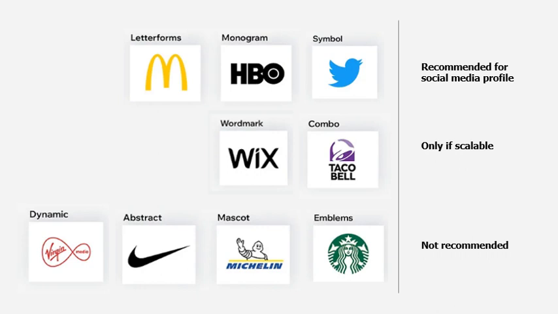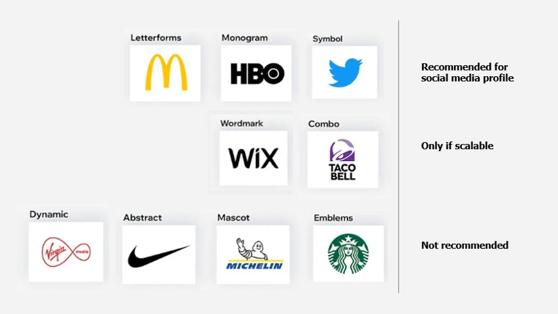For example, in the case of a monogram, it is just the initials of your campaign name, useful if your campaign name is too long. Now, a wordmark is also recommended, but only if your campaign name is quite short. If it's too long, it might not be visible or readable in a profile picture.